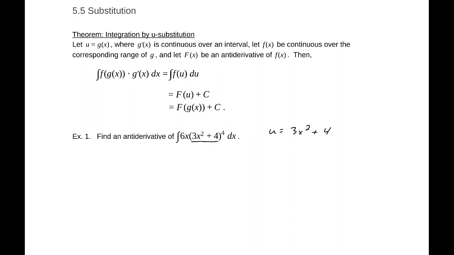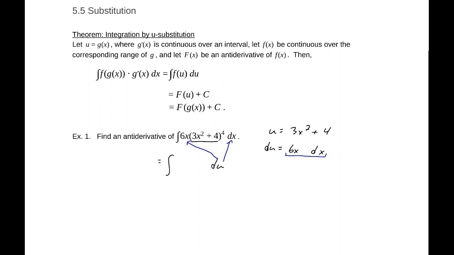Now, I need to replace the dx with something. So I'm going to say du, that's the derivative of this with respect to x, is going to be 6x dx. So I'm going to use du to replace the 6x dx. I'm going to have my du there taking the place of dx and the 6x.